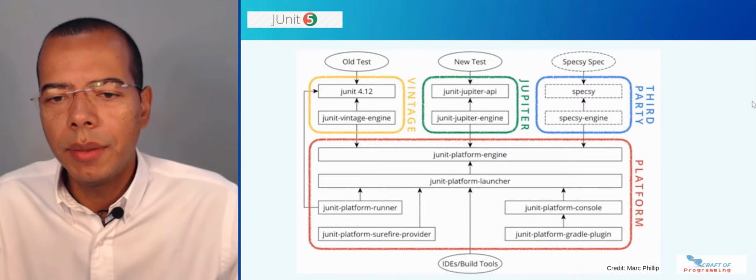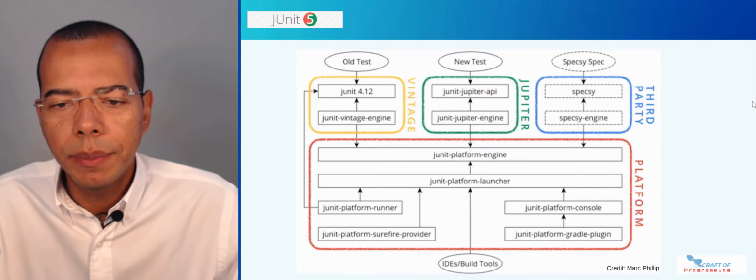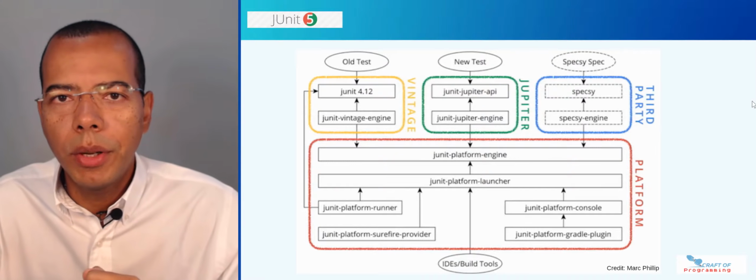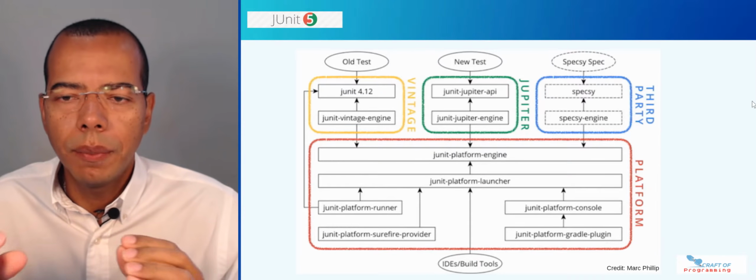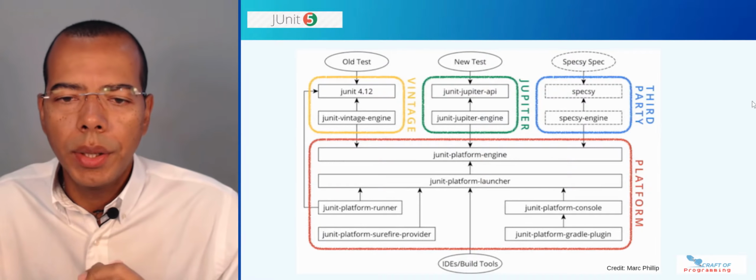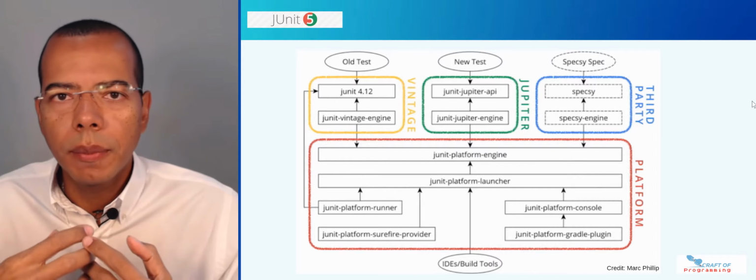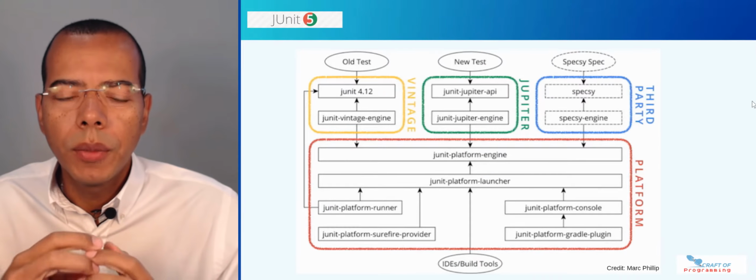But the main thing you should be concerned with is that there is now a clean, neat separation of concerns, a clean, neat architecture, where people writing tests just depend on the Jupiter API jar.